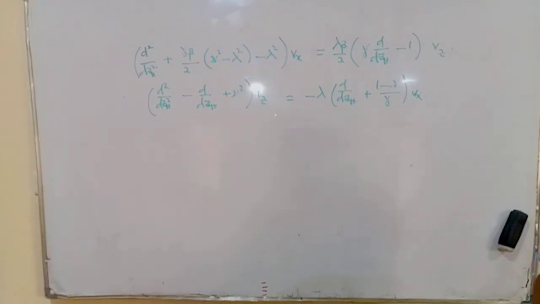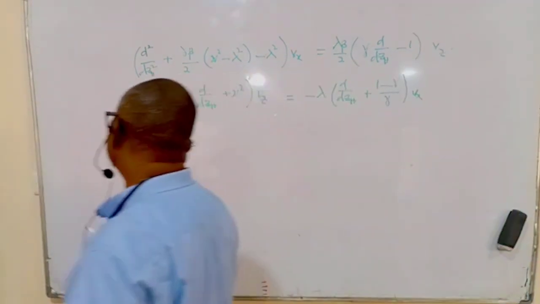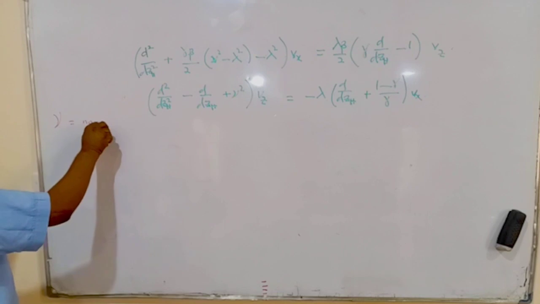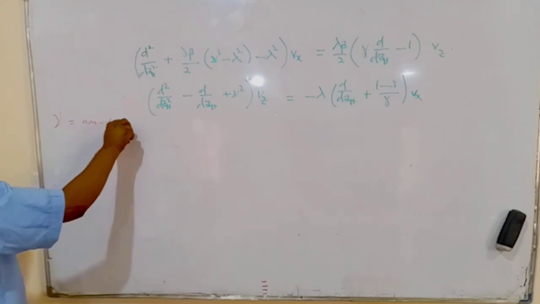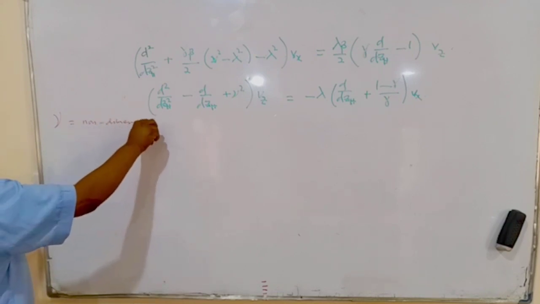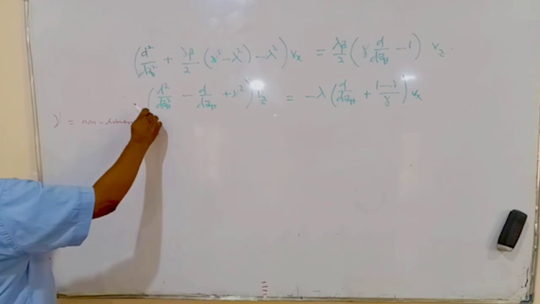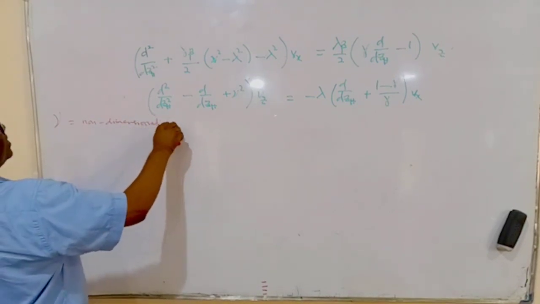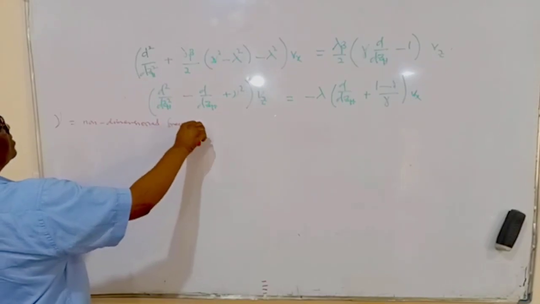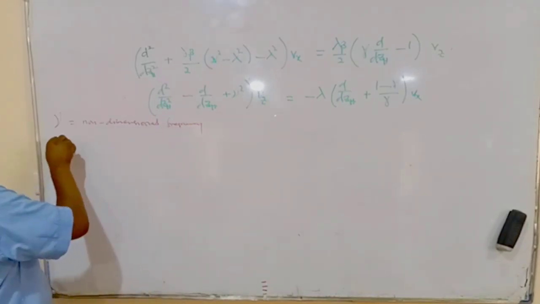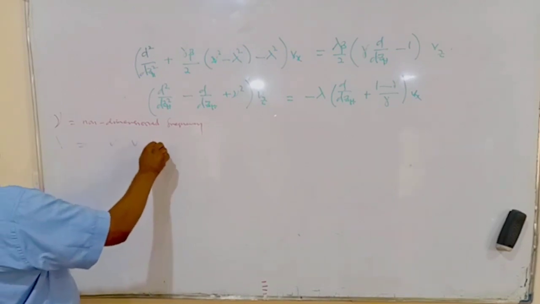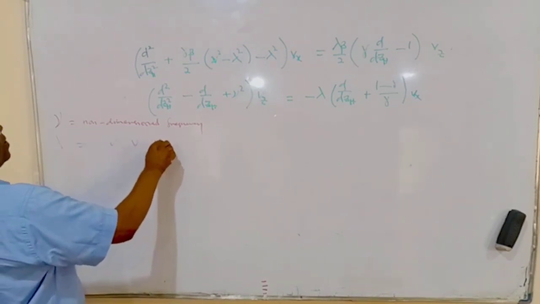So, under this, nu is the non-dimensional frequency, and your lambda is also the non-dimensional wave number.